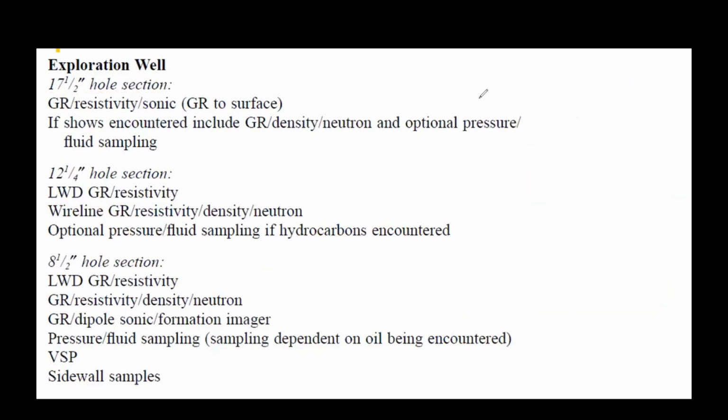So that is for your mud motors or rotary steerable systems. When the wellbore diameter is bigger, these rotary steerable systems, or RSS, cannot work properly, and the cost will be more when you go for bigger wellbore diameters.